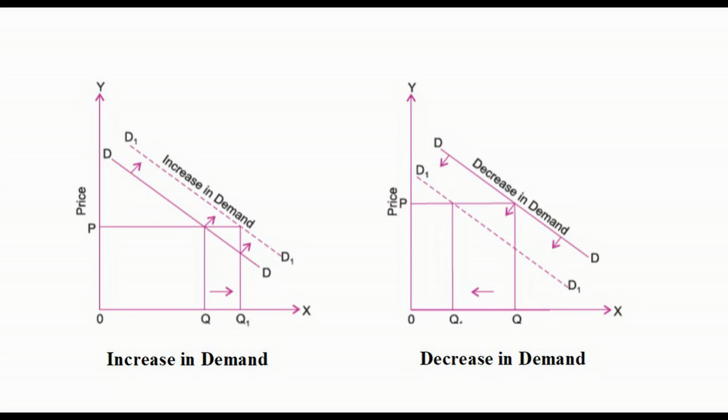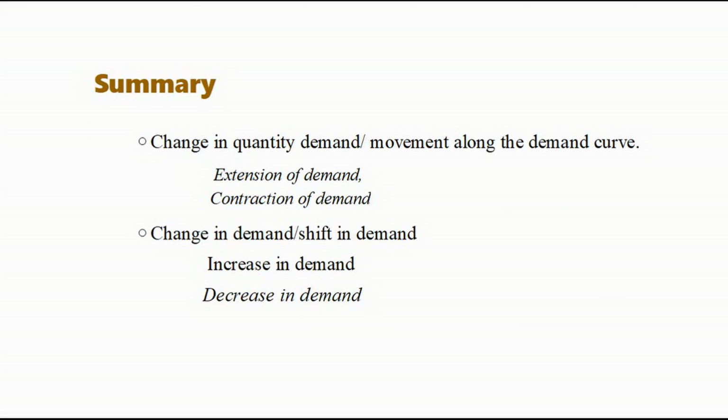Okay, students, that's all for today. To summarize briefly what we tried to see in today's session, we have dealt with the difference between movement along the demand curve and shift in the demand curve, or change in quantity demand and change in demand.